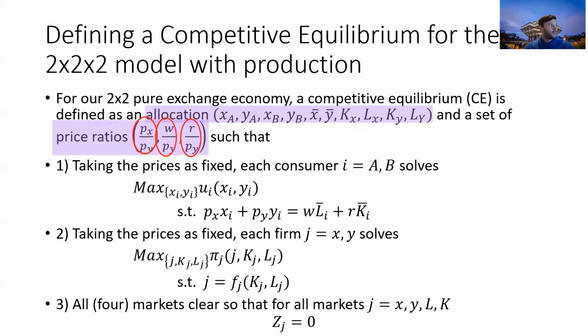Okay, so if you solve that resulting system for those prices, given the utility maximizing demands and the profit maximizing supplies, then you can find the equilibrium even in the bigger version of this model.